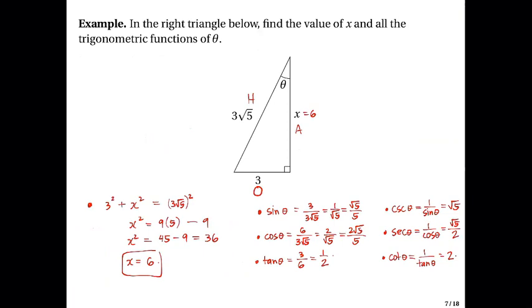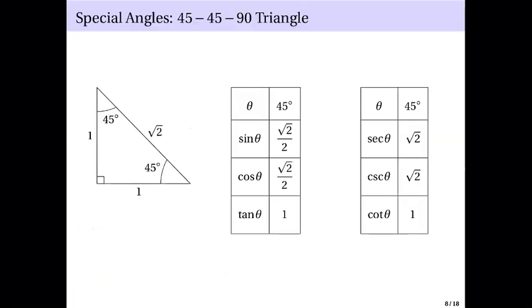Now, we will be talking about some special triangles. The first triangle is an isosceles triangle with this configuration. We have a 45, 45, 90 triangle.